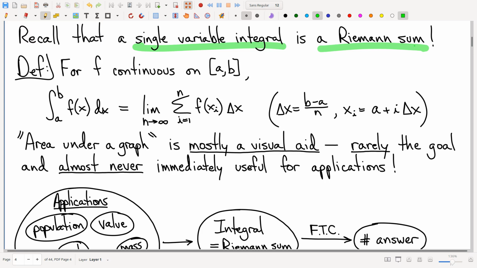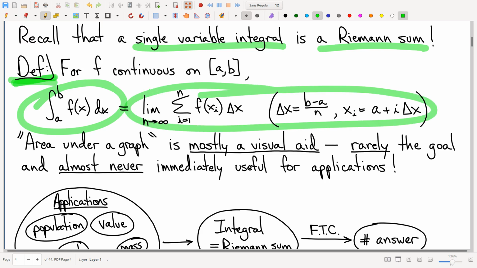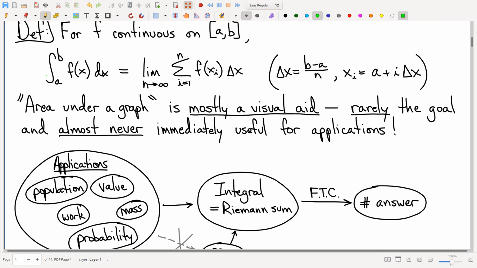Right? As a definition, a single variable integral is a Riemann sum. Now, let me try to persuade you how useful this is. A lot of people mistakenly think that this is mathematicians having fun being abstract, ivory tower, irrelevant to the real world.